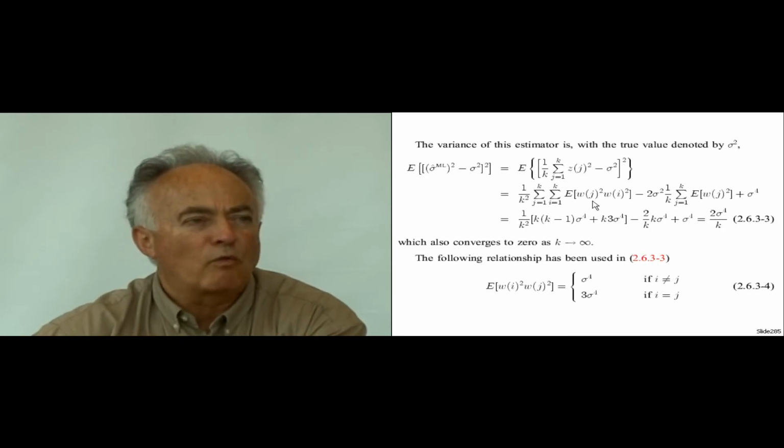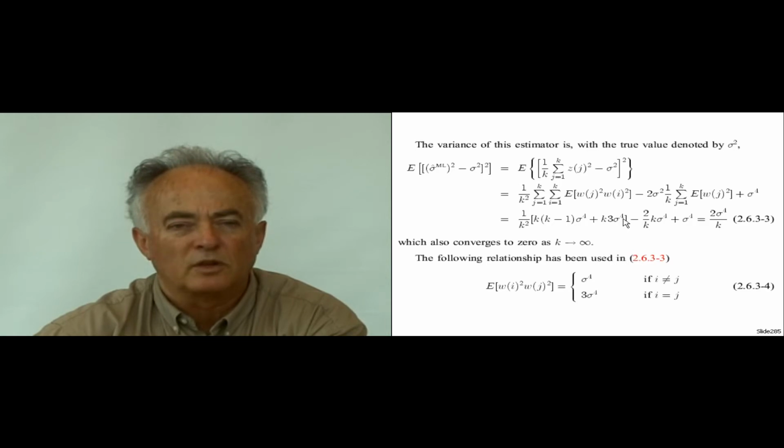As I said, for j equal to i, we have one expression. How many times does that occur, that j equals i? For each j, there is one single i, so it happens k times. Then we have the expected value of wj to the power 4. This is the fourth moment of a Gaussian, which is 3 times sigma to the fourth. That's a zero mean Gaussian.